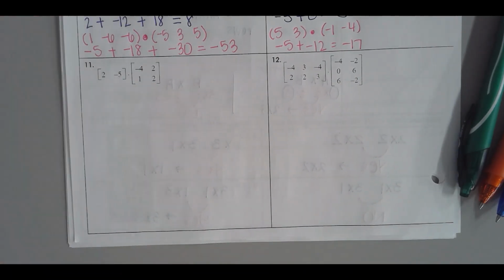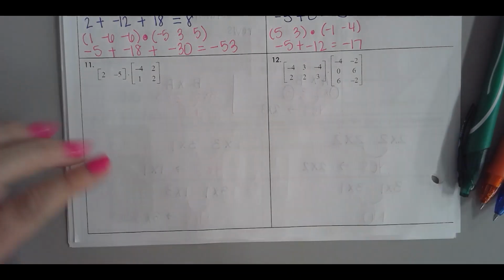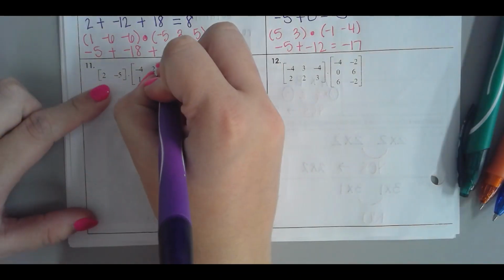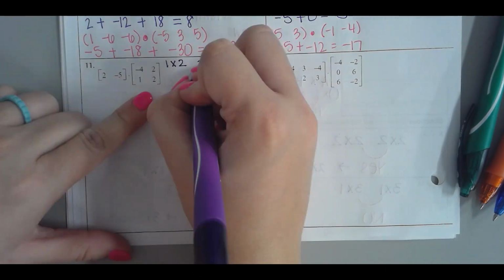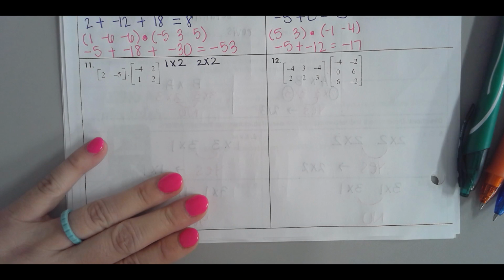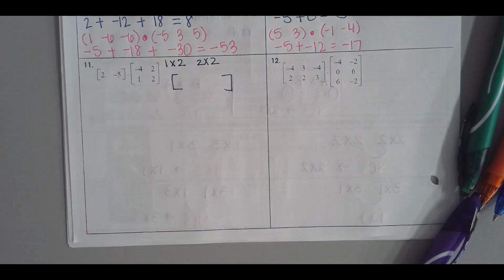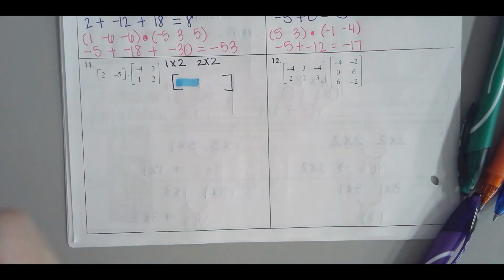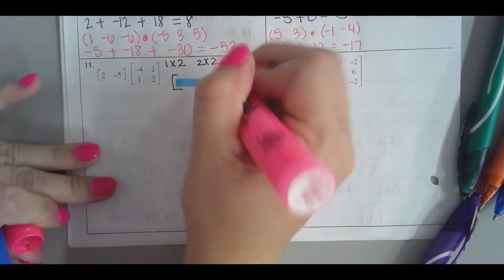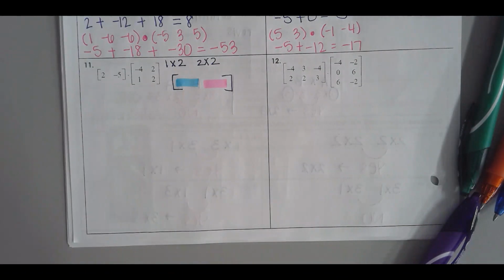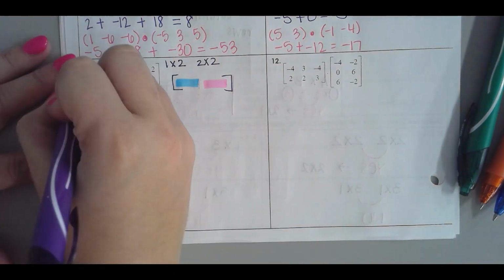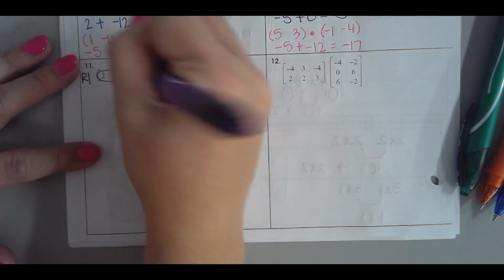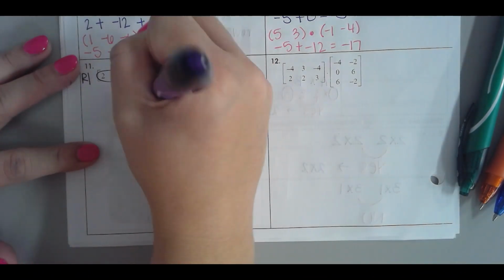So number 11, the first matrix is a 1 by 2. The second one is a 1 by 2. Circle the rows. There's only one. And then the columns. Column 1, column 2.